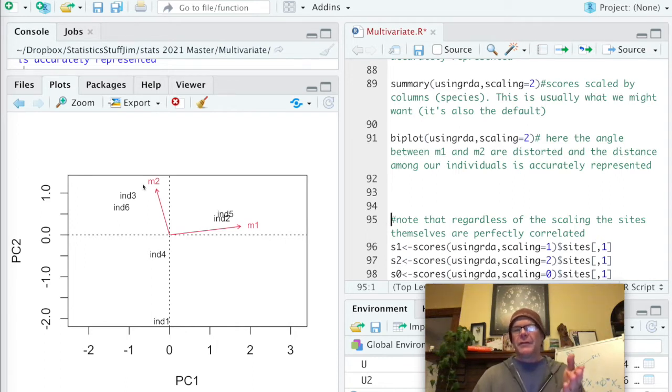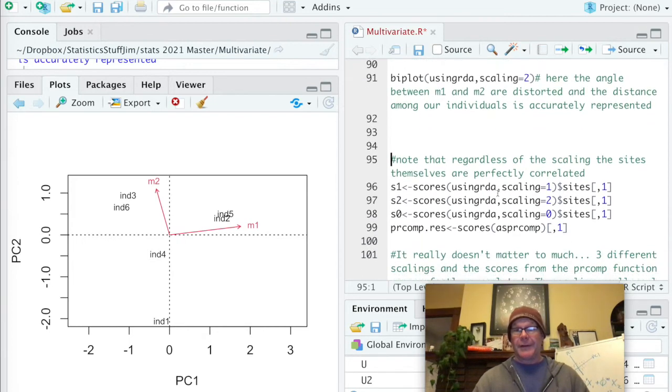And again, this is the usual default that people use when showing these types of plots. It is indeed the default.